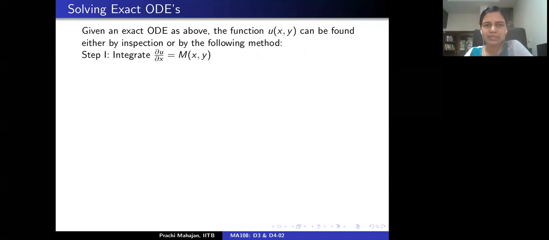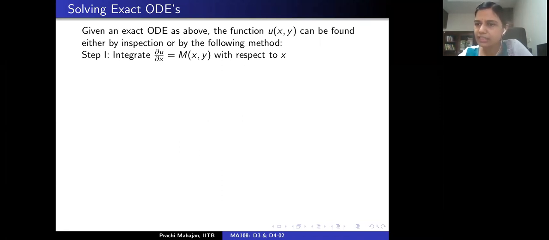Now, what is it that we want? We want the partial of u with respect to x to be m, and the partial of u with respect to y to be the function n, right? Now, let's integrate this equation with respect to the x variable.